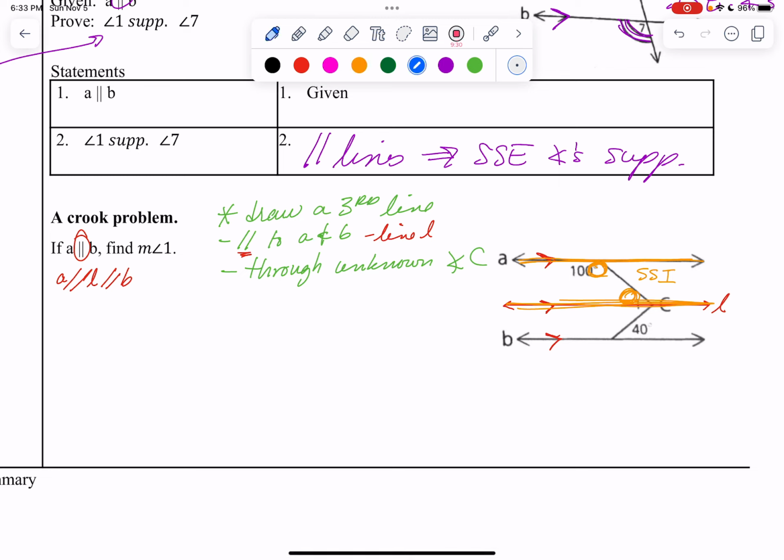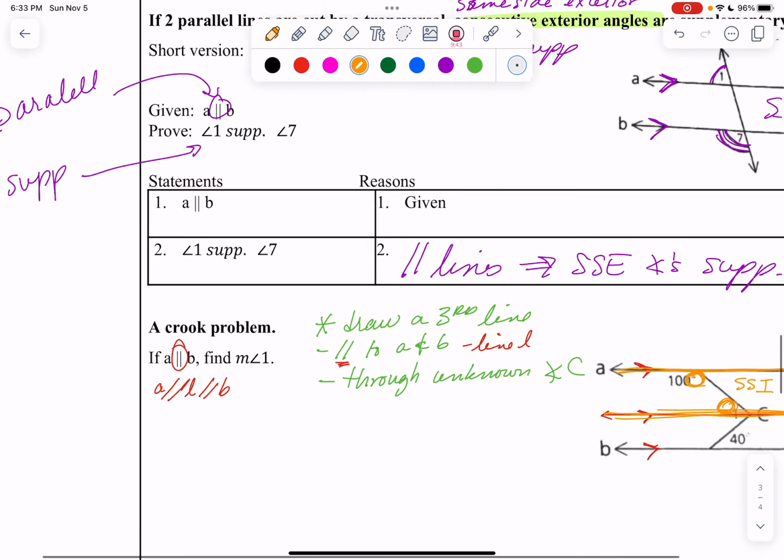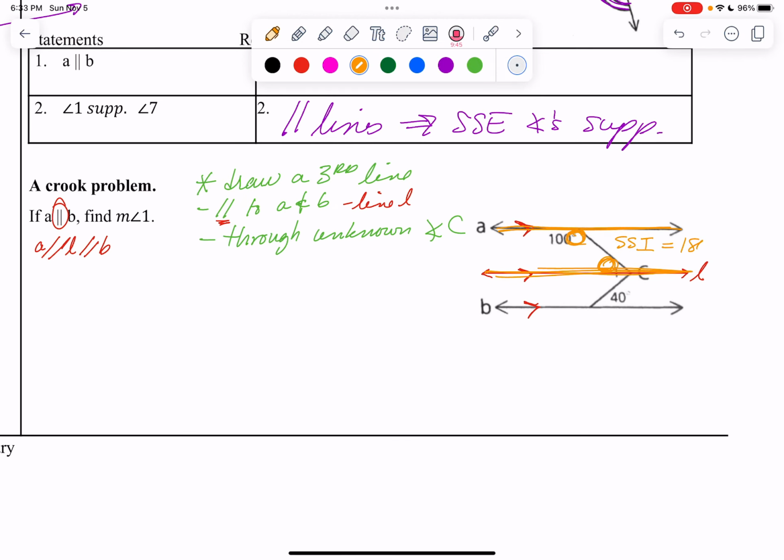So that means that these have to equal 180 degrees. So I have 180 minus 100, which is 80. So this piece is 80 degrees. That's this angle right here.